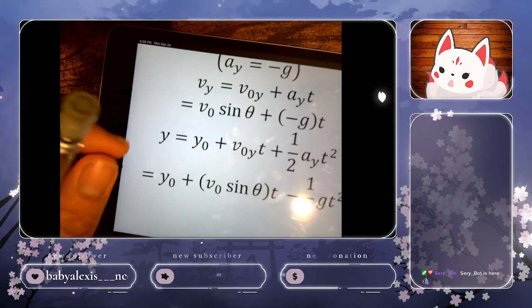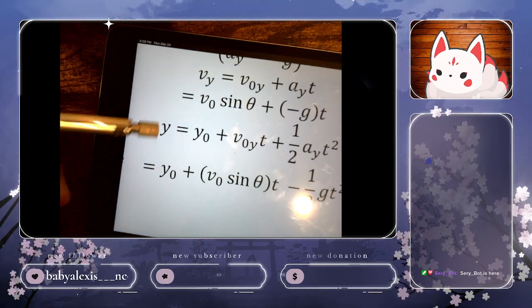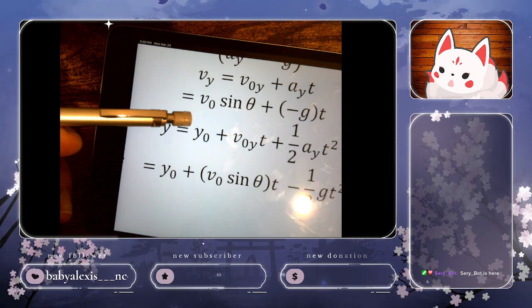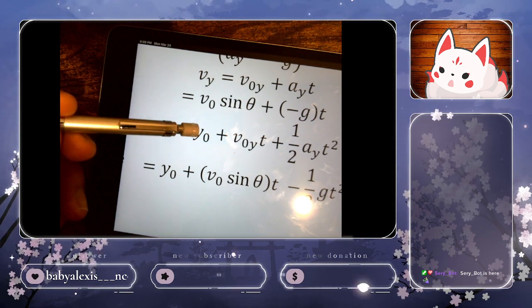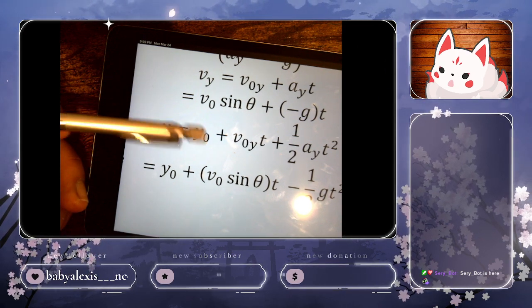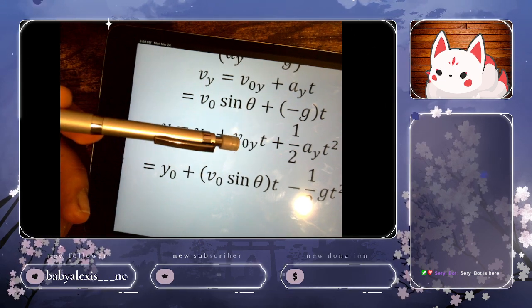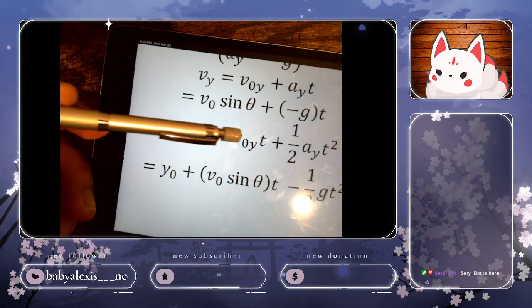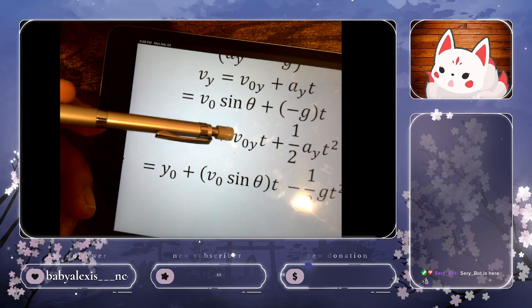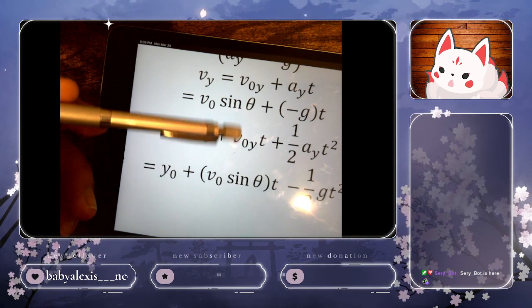And this is the equation for y: y equals y naught, the initial position, plus v initial y times time.